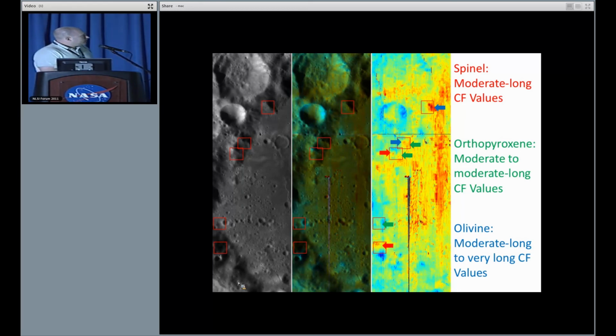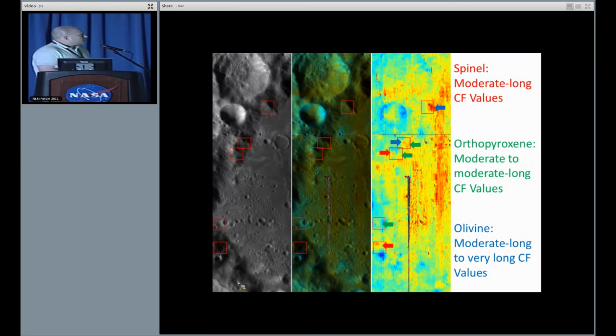The three orthopyroxene locations are indicated by the green arrows, and all of these were identified as being relatively pure orthopyroxene, although in the Diviner data they actually appear quite different. The uppermost one has the most red in it, the middle one is more yellow, and then the bottom one is the least yellow, and this is an indication of how much of a feldspathic component is mixed with it.